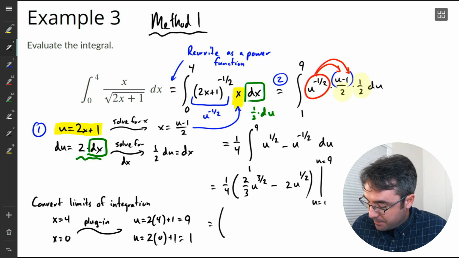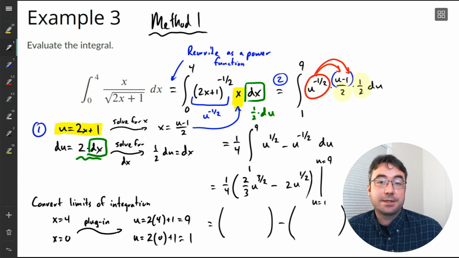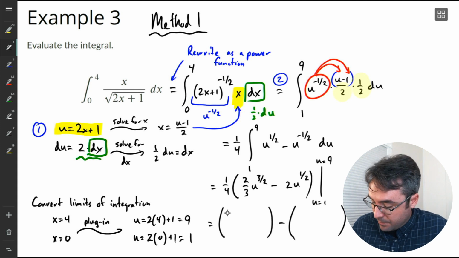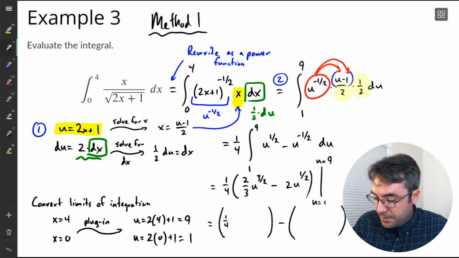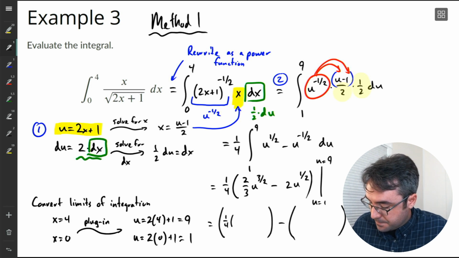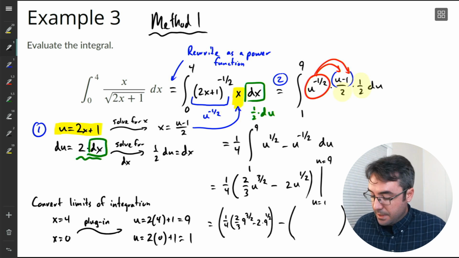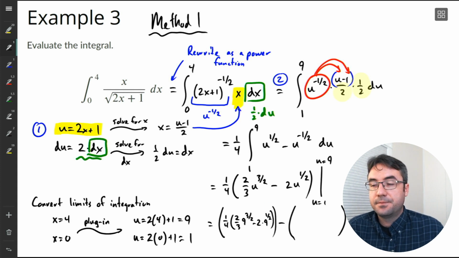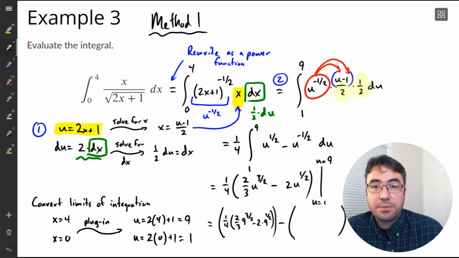So we're going to plug in the top number, plug in the bottom number, and subtract. All right, so what do we get when we plug in the top number? Well, we're going to get 1/4 times 2/3 times 9 to the 3/2 minus 2 times 9 to the 1/2. Then we subtract. Now we plug in the lower limit.